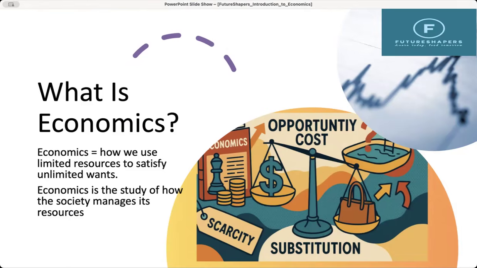Companies and governments face similar decisions, from how to price products to how to fund schools or hospitals. So, in a nutshell, economics forms the foundation of all the decisions made by individuals, businesses, and governments related to choosing between the different choices they have.